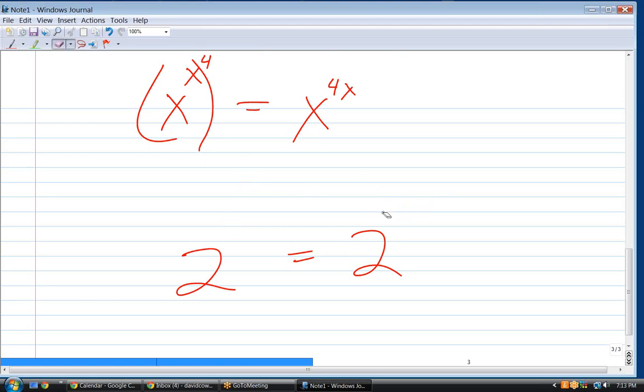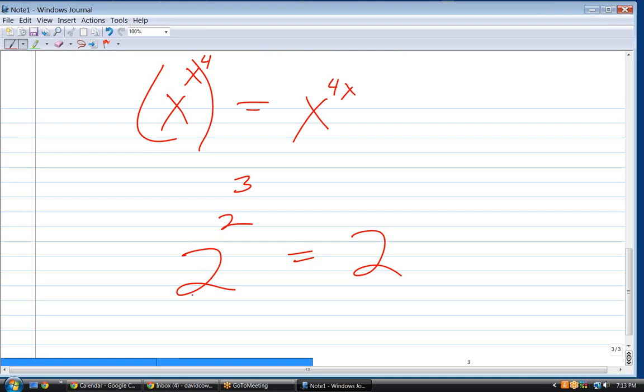I guess we could do an example. Let's do something with smaller numbers here. I'll see what our calculator gives us.